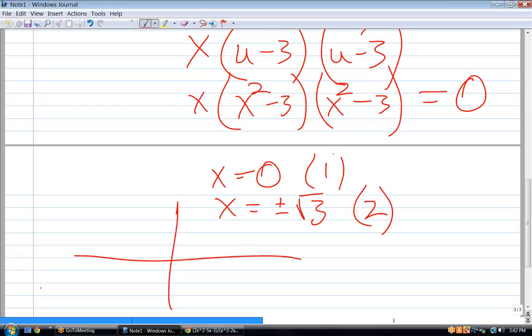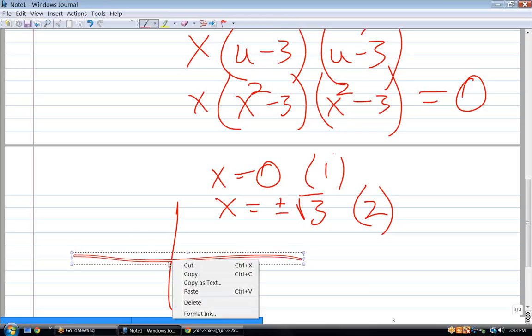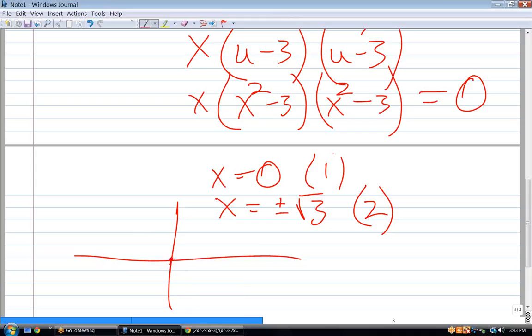So when you graph that at both plus and minus root 3, it's going to bounce. Yes. When you have even multiplicity, it kisses the x-axis and doesn't cross it. When you have odd multiplicity, it crosses it. So we know the curve's going to cross there.